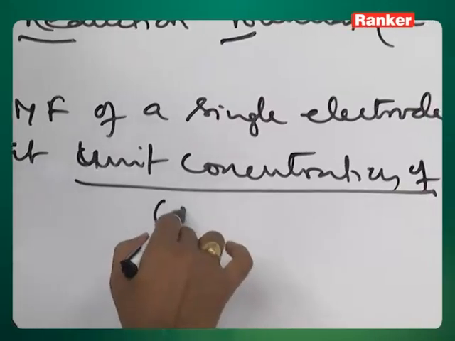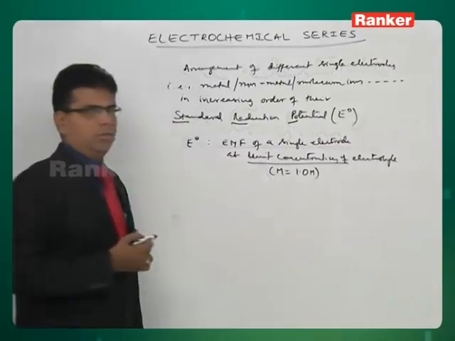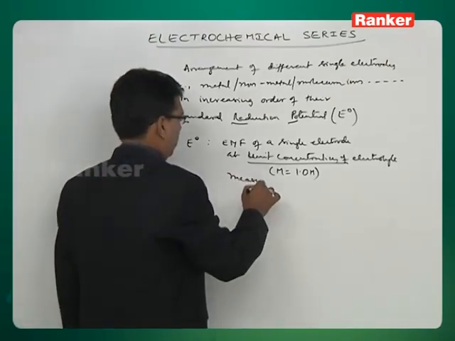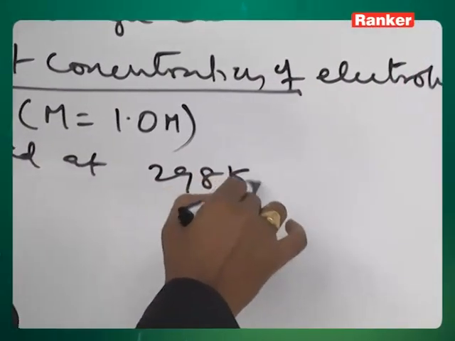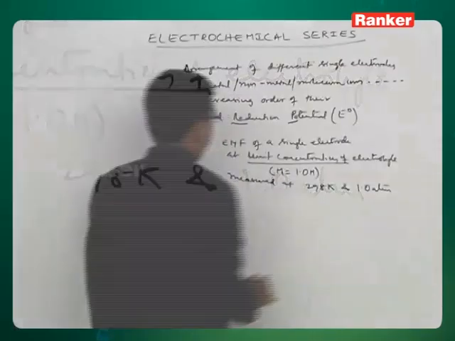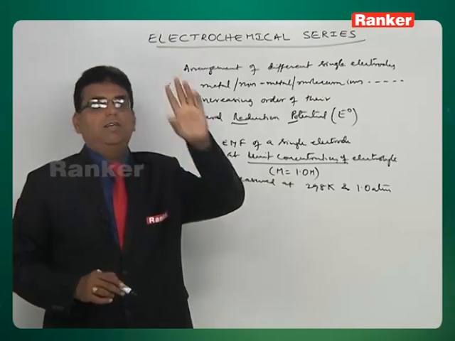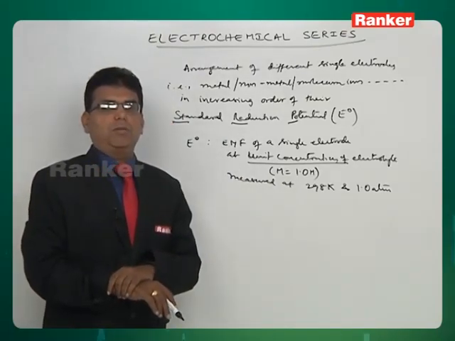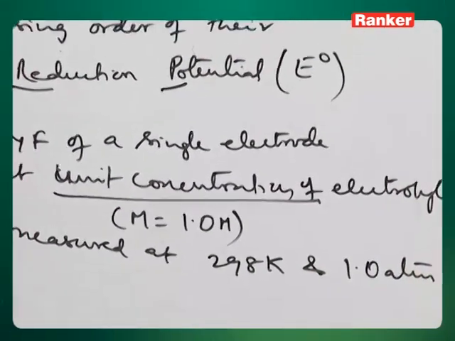Unit concentration means molarity is 1 molar, measured at 298 Kelvin and 1 atmospheric pressure. The EMF of a single electrode measured at 298 Kelvin and 1 atmospheric pressure by taking unit concentration of electrolyte is what is called E naught.